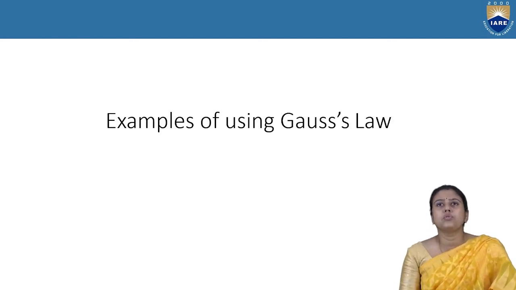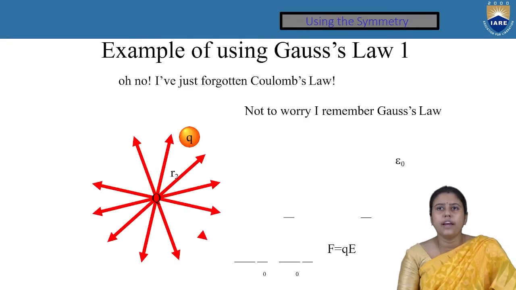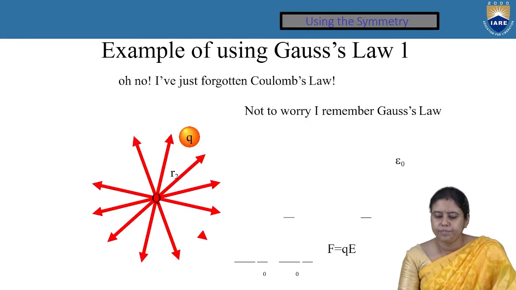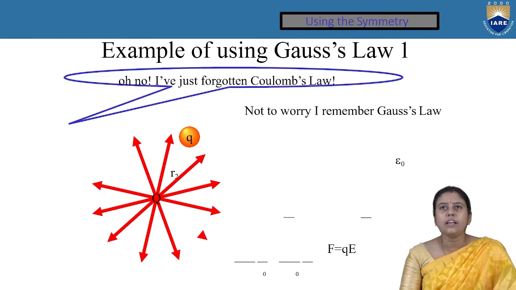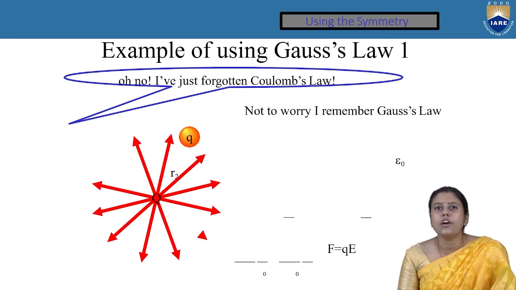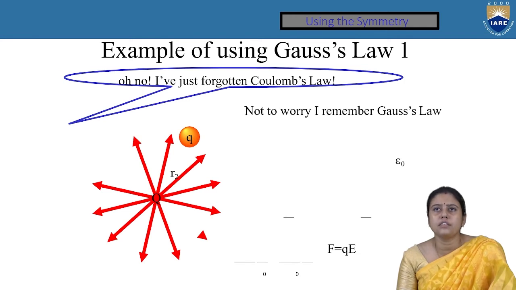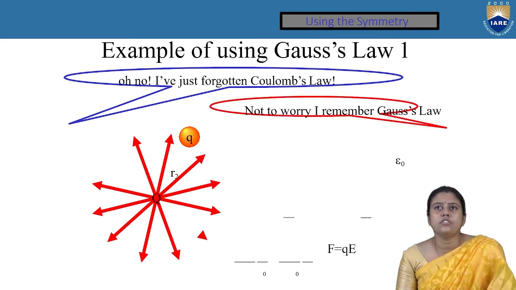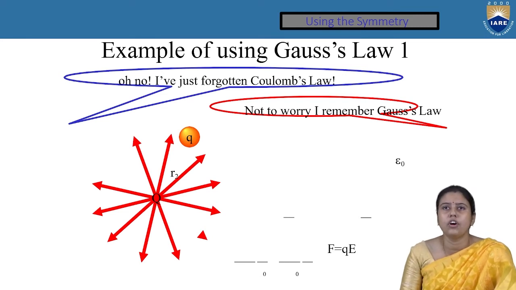Now we are coming to the examples of Gauss law. So first, we will take the first example. Say you have forgotten Coulomb's law, what will happen? Nothing, because Coulomb's law is the modified Gauss law.